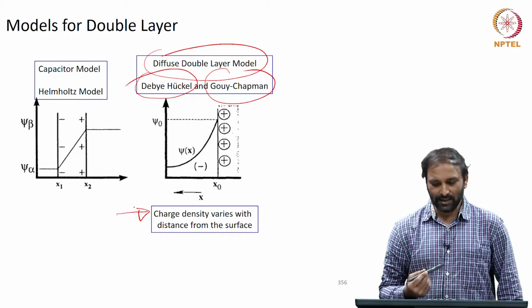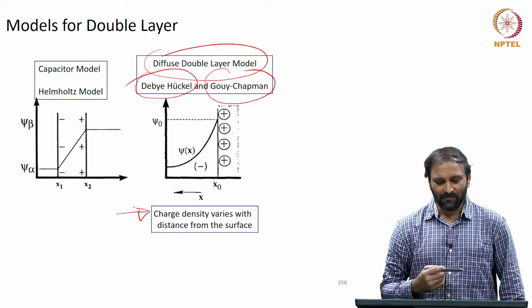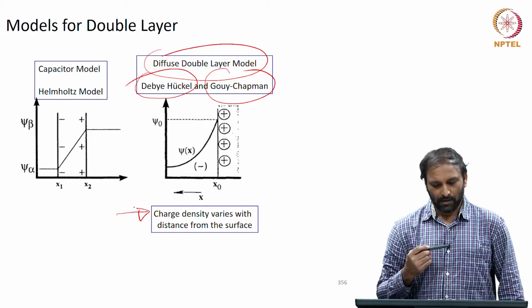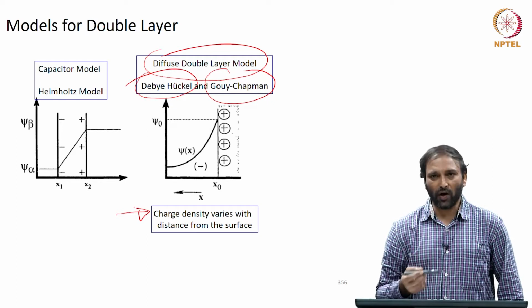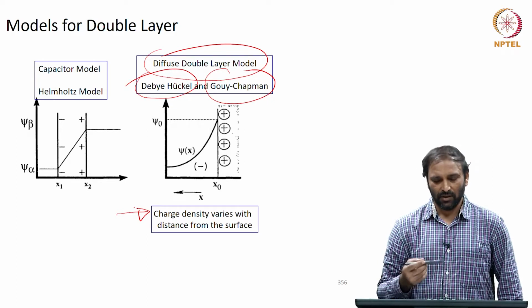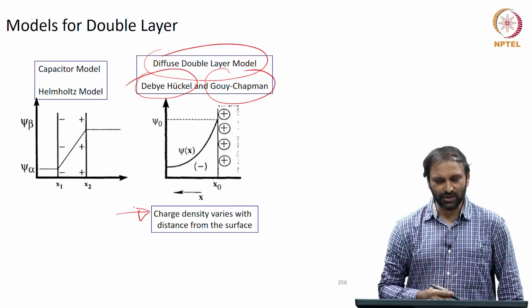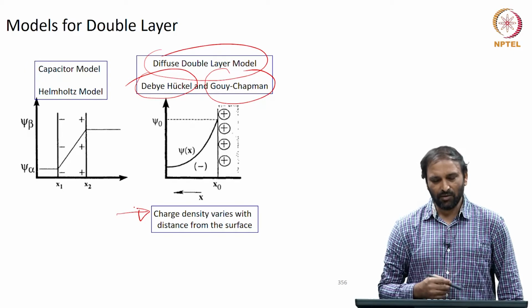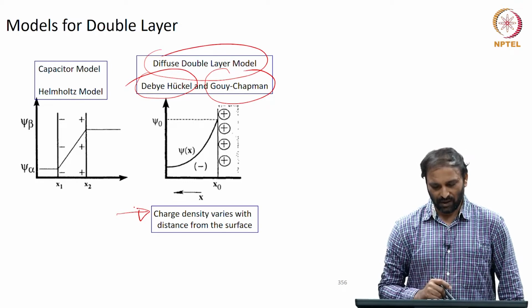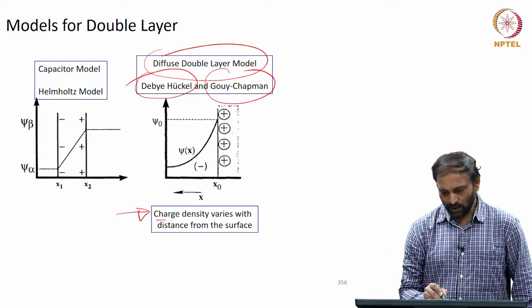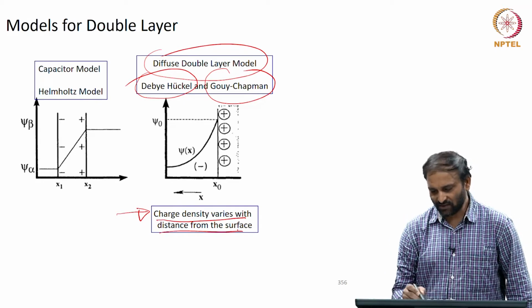So the idea is that the counter ions and the co-ions that you have in the solution do have thermal energy, and because of this thermal energy there is a more diffuse distribution of counter ions in solution, that is, the charge density varies with distance from the surface.